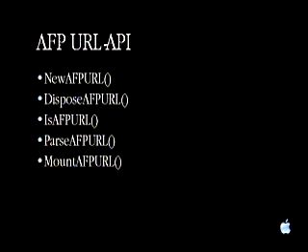The API is pretty simple. A way to create one, you hand it the fields and it'll spit out a URL. A way to get rid of one, a way to tell if the string that you're passing it is a URL, a way to parse out the various bits and pieces, and a way to mount that URL on a specific mount point.